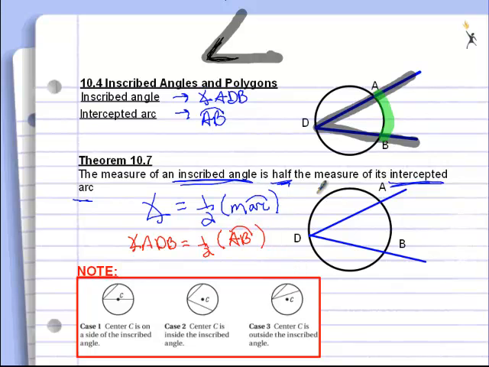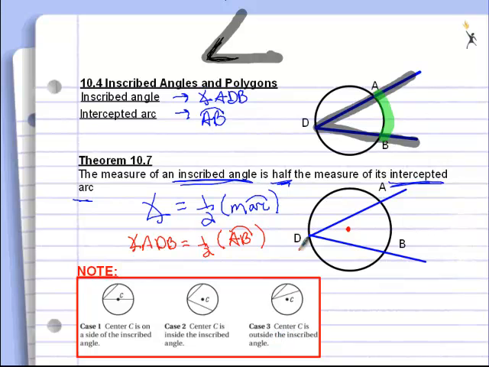Now here's the one thing. Your inscribed angle could look like this example right here, where the center is inside the inscribed angle. The center would be about right here, and you can see that it's inside the inscribed angle. You can also have it so the center is on the angle or is outside the angle.